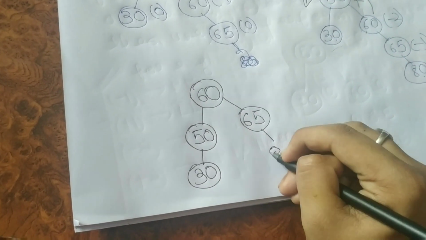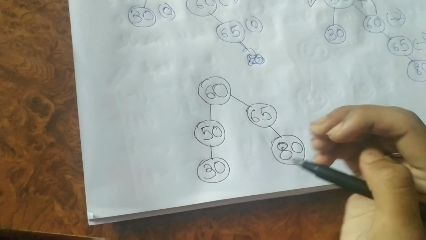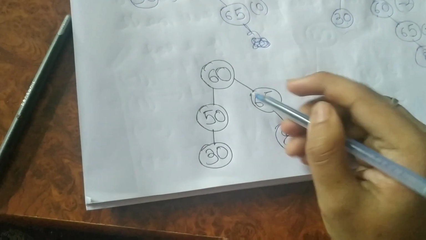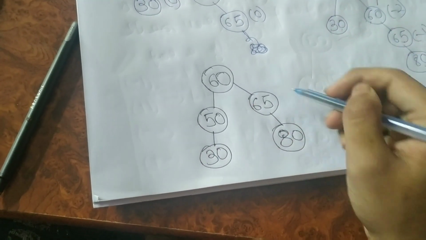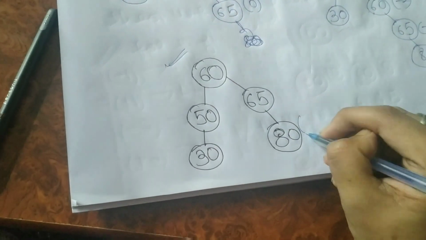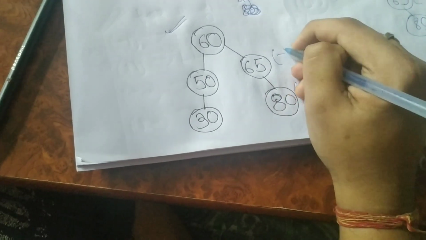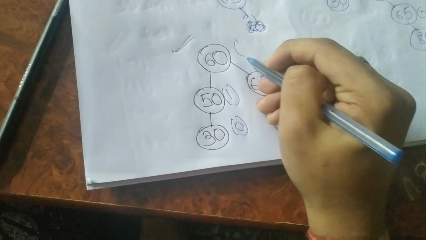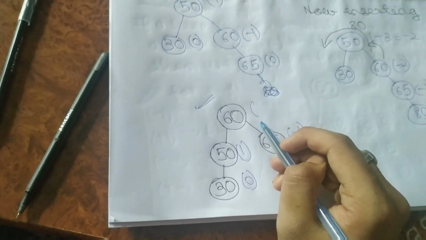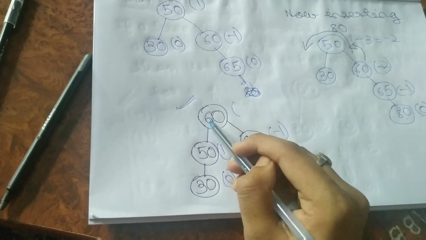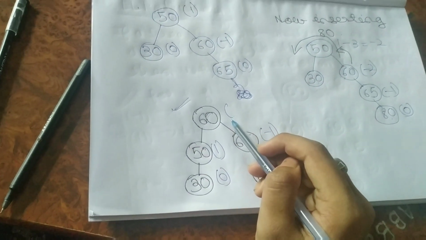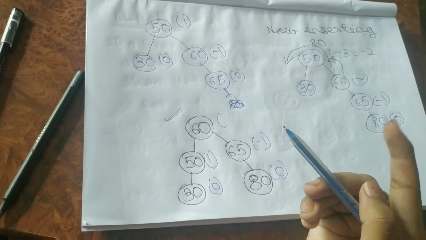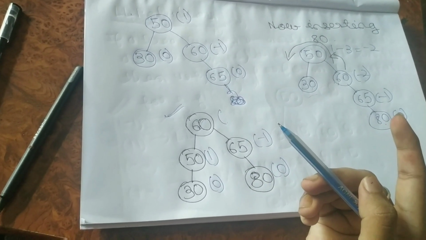So after rotation, the final result is this. So see, 0, minus 1, 0, 1. And here, after balancing we have to check the balance factor of the root node, whether it is either 0, 1, or minus 1.